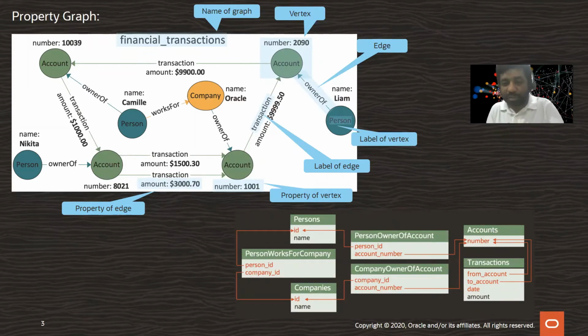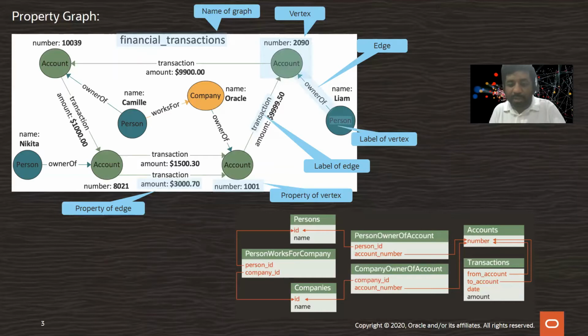So typically, if we look now into the bottom right, this is how it is traditionally defined within a relational database, wherein we'll have different tables. There will be a separate table for all the persons or the individuals, and then we'll have a detailed table for their account information.